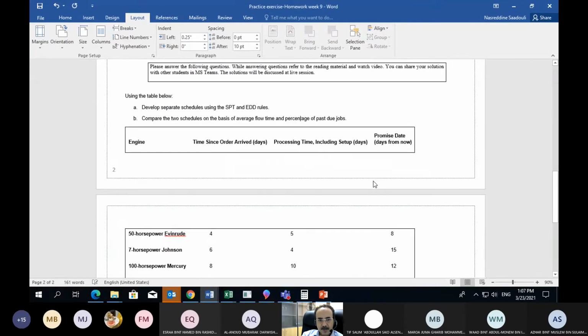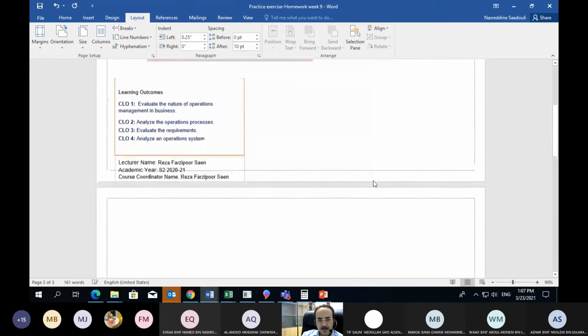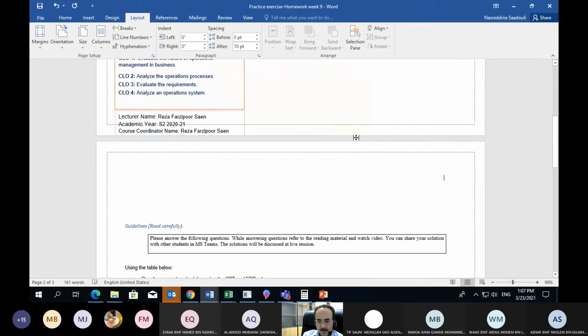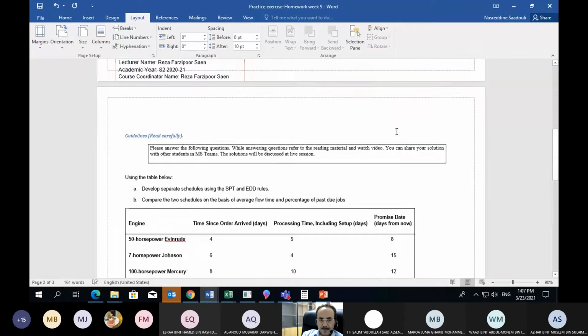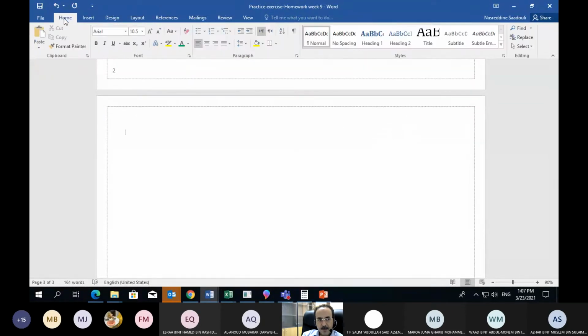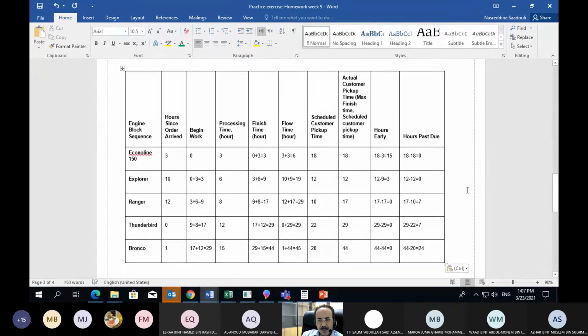I'm going to make this actually portrait. It's better. Okay, I'm going to copy the table and then fill it with the information that we need from this example.